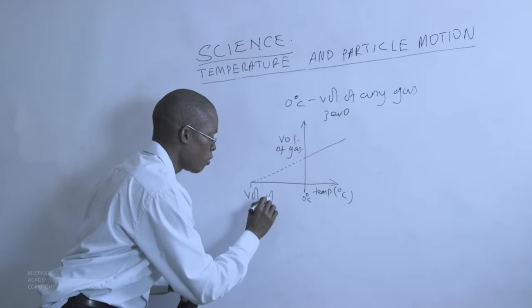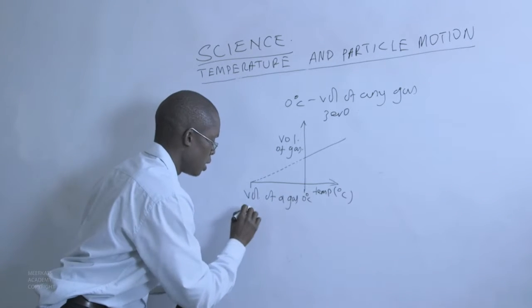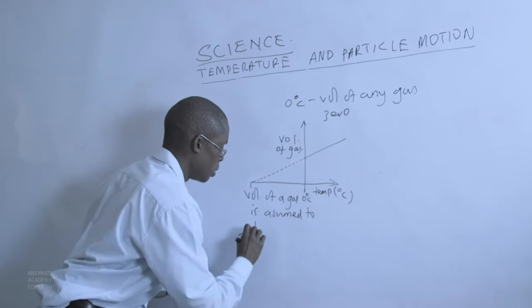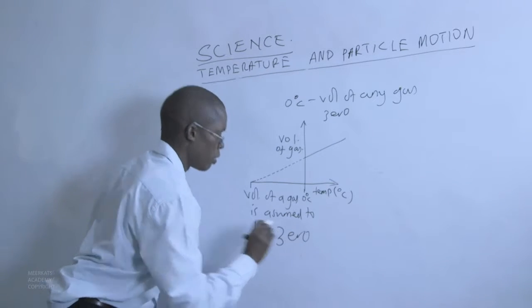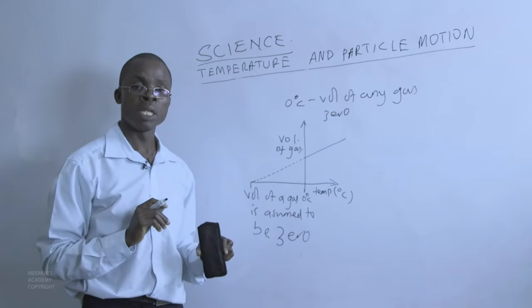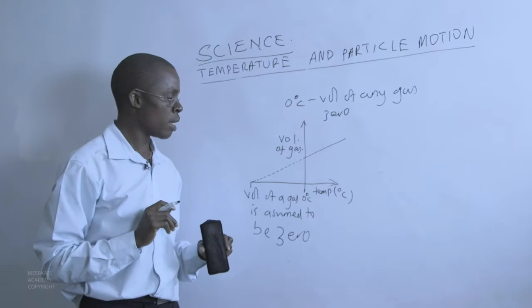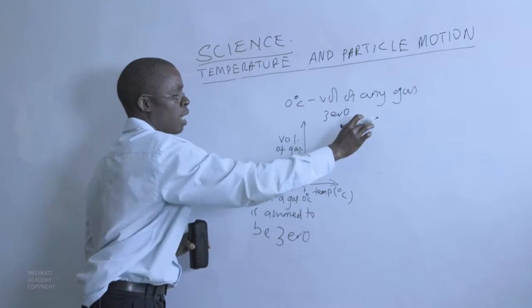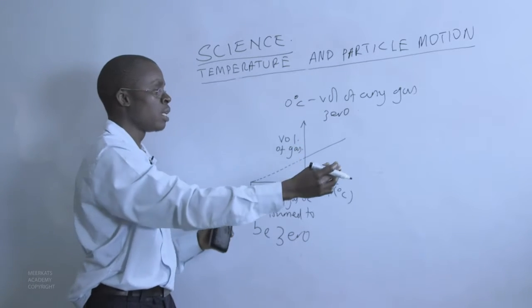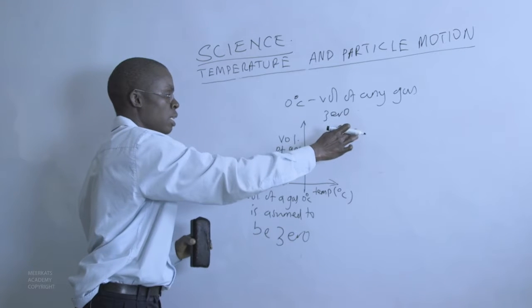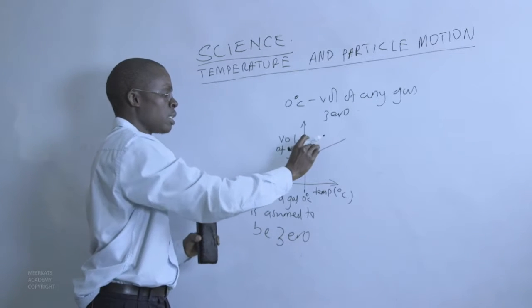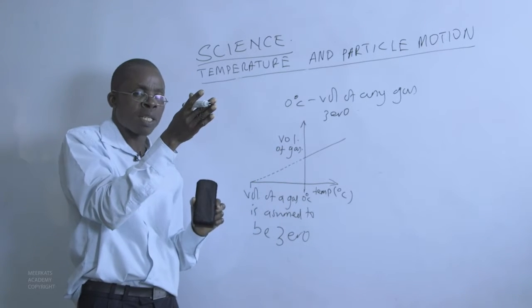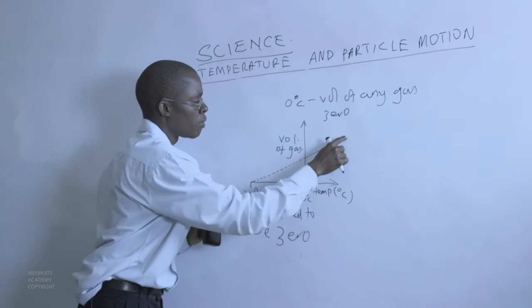At this point, the volume of a gas is assumed to be 0. Why? Because going by how the gas was behaving from as high as maybe 100 degrees centigrade, as you are reducing the temperature, 99, 98, 90, 80, 70, until you reached 0 degrees centigrade, it was following a particular straight path, which we have taken to be this one.